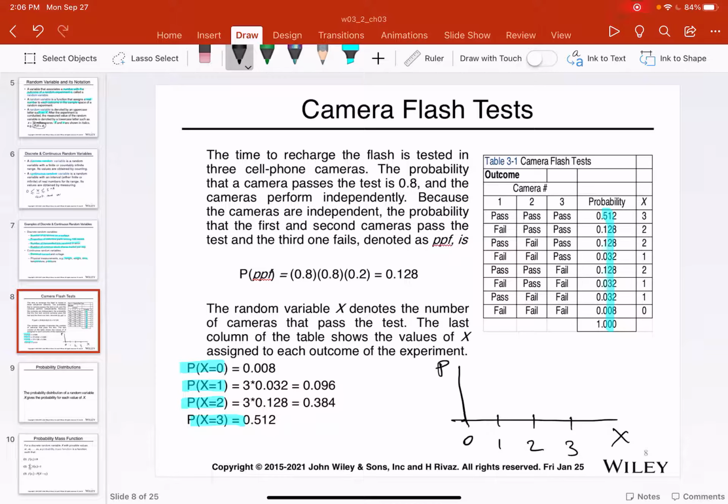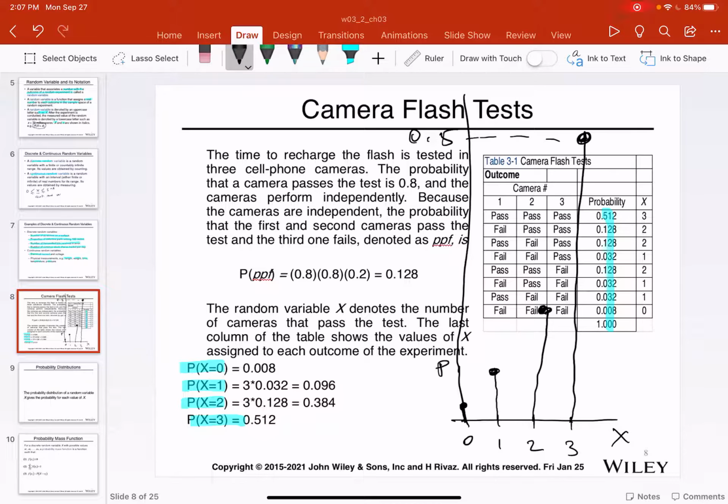So P of 0 is 0.008. P of 1 is 0.096. P of 2 is 0.384. It's a bigger number. And P of 3 is, I didn't plan ahead, 0.512.